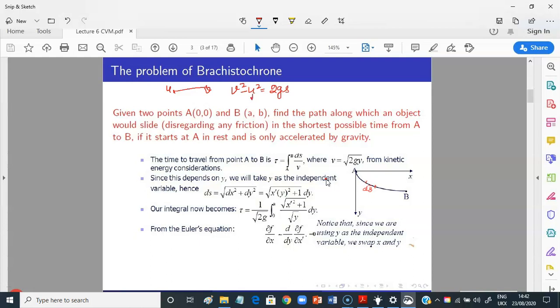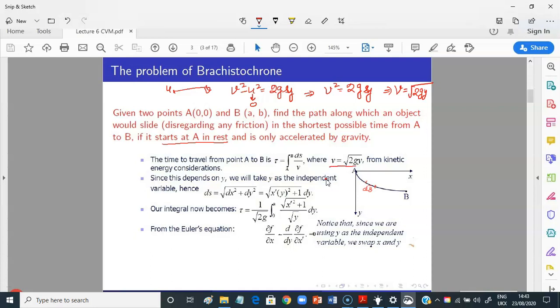But in this case the particle is starting from rest, so u is 0. So you can say that v square is equal to 2g s. But in this case we are moving downward, so instead of s, we use y here, and v becomes under root of 2gy. So in place of v, we can write under root 2gy.